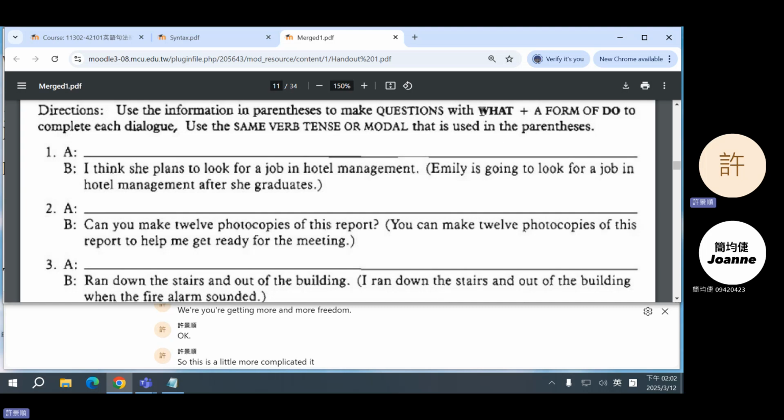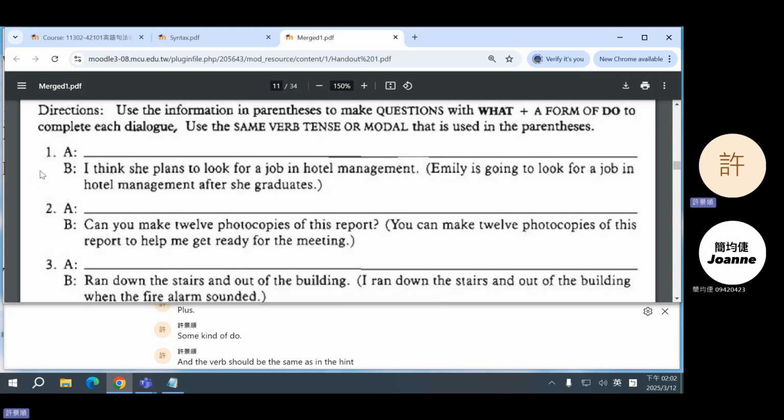It says every question begins with "what" plus some kind of "do". And the verb should be the same as in the hint.